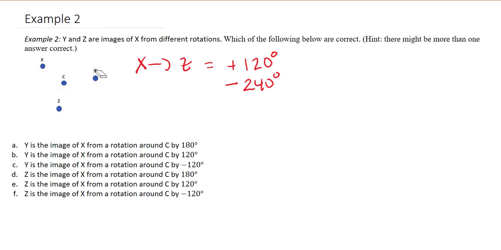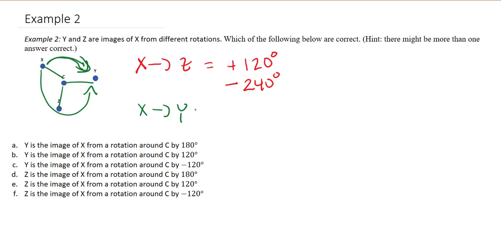Let's go ahead and erase this and think about it in terms of the y. But we'll still show how we can break up this whole circle into how many degrees that would be. So we can go x, we can go to y that direction, or we can go around. So really similar. So x to y. If we went x to y on the top, to the right, that's actually going to be clockwise, right?